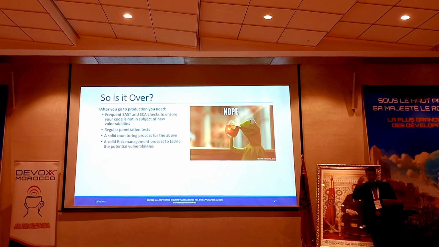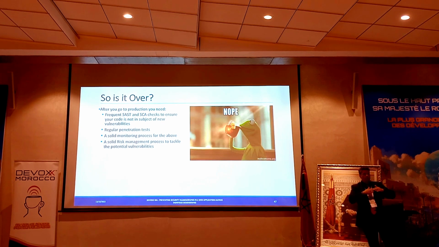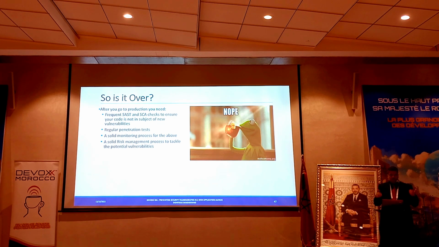Because, for example, again, Log4j: you have an application, it's out there, it's running, you were not maintaining it because you didn't have to, and you have this vulnerability. If you don't run the SAST and the SCA checks frequently, you will never find out.